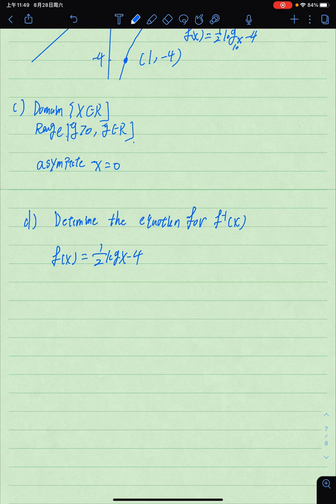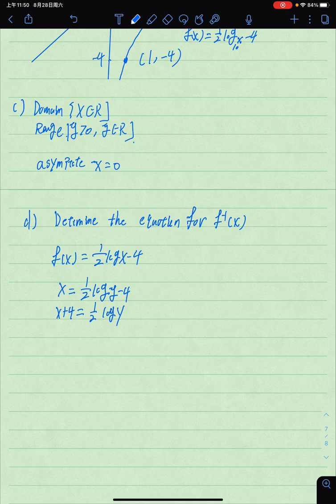So x equals one half log y minus 4, so x plus 4 equals one half log y. We need to solve for the new y.